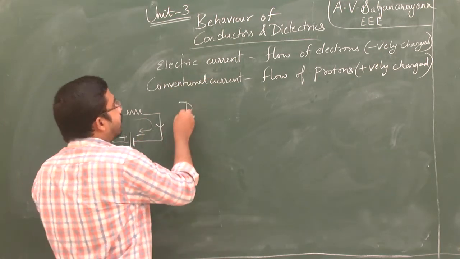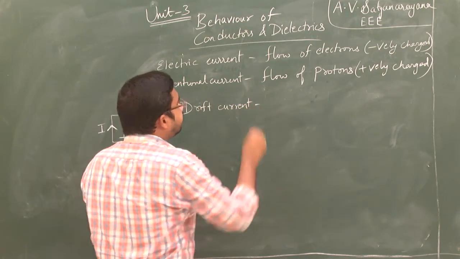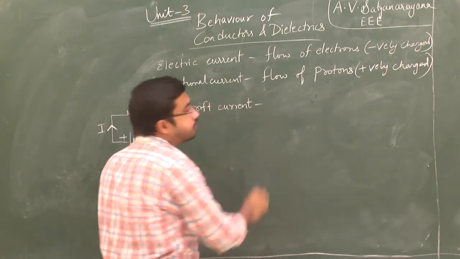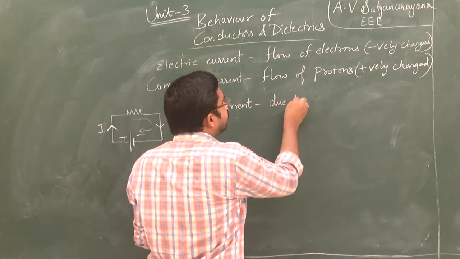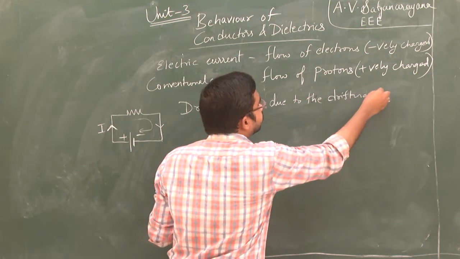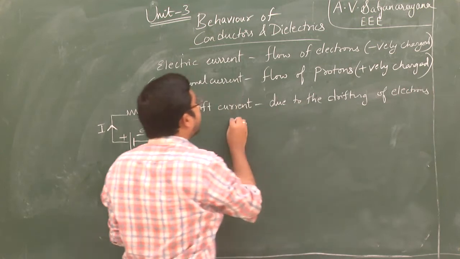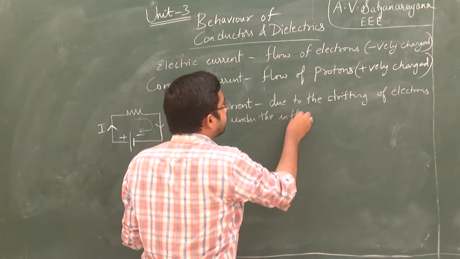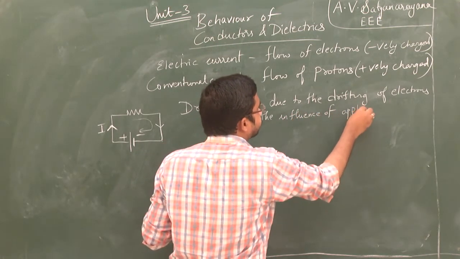Then you can also define drift current. Drift current means the current which exists in the conductor due to the drifting of electrons under the influence of applied voltage.